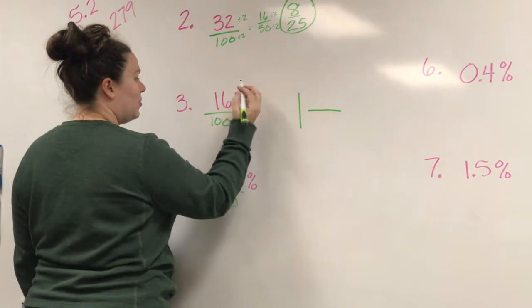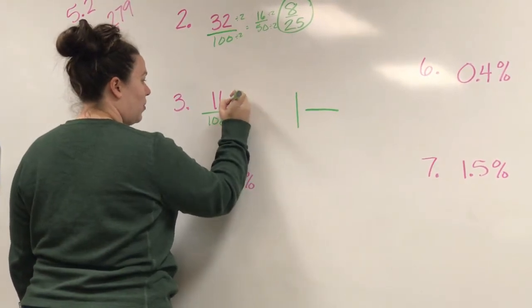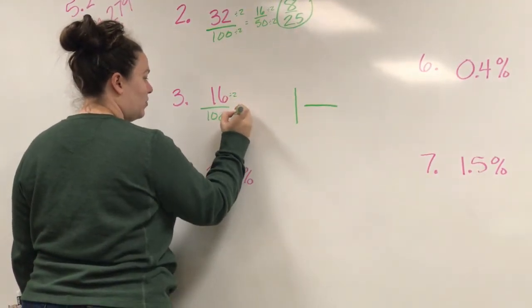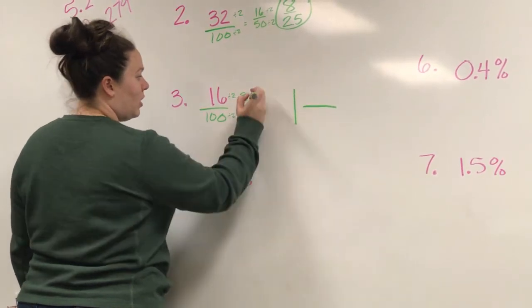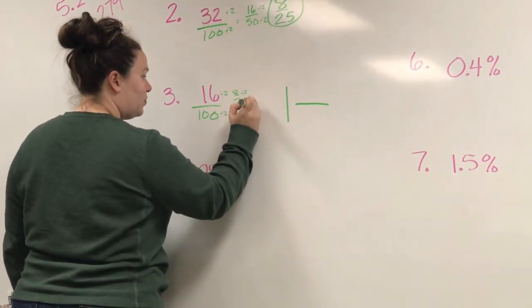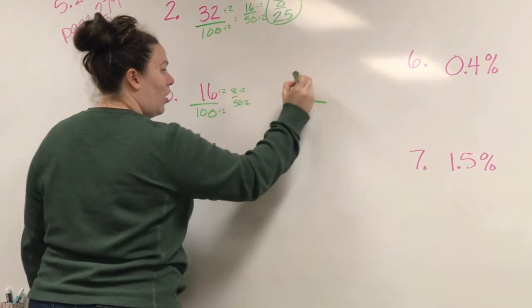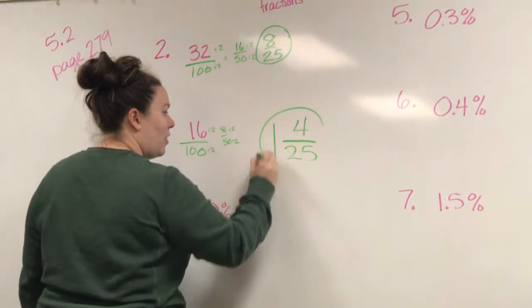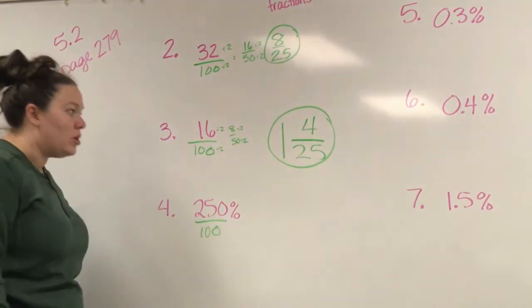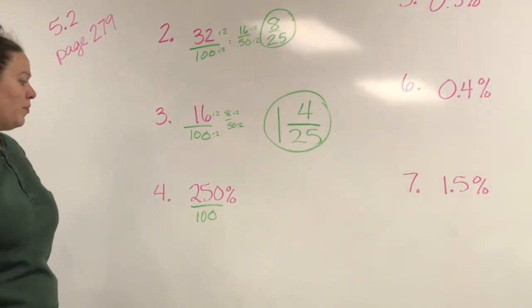So, 16 and 100, both of them are even. I can divide it by 2. I get 8 over 50. Again, both of them are even. I can divide by 2. And I get 4 over 25. That would be the reduced percentage.